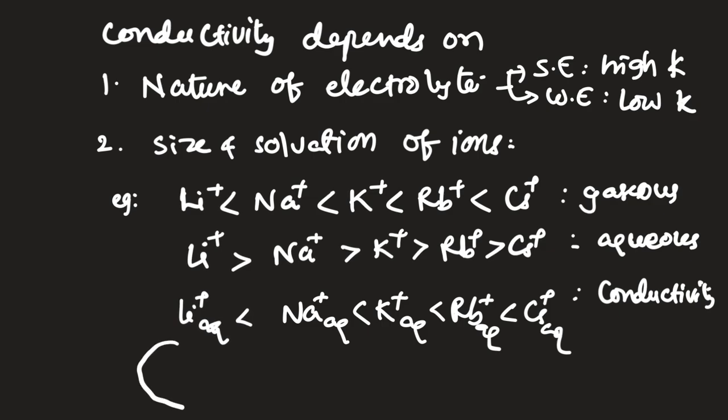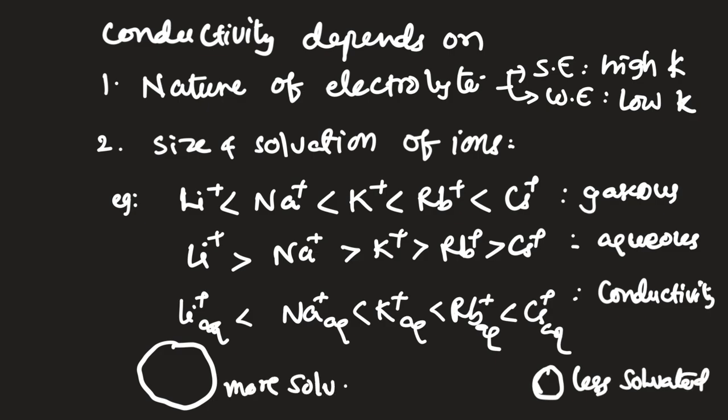So Li+ becomes the larger size, Cs+ the smaller size, because Cs+ is less solvated and Li+ is more solvated. Larger size, less moving; smaller size, easy to move. That's why conductivity of Cs+ is greater than Rb+, K+, Na+ and Li+.